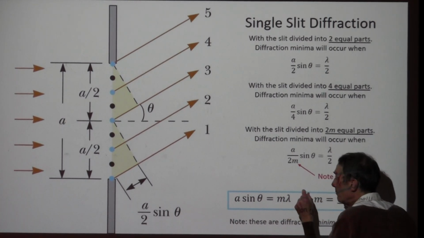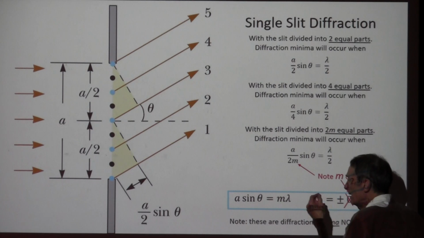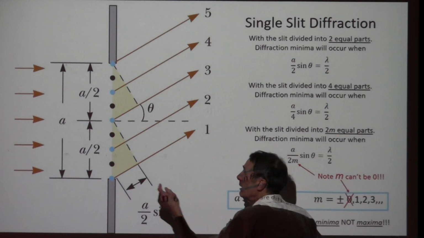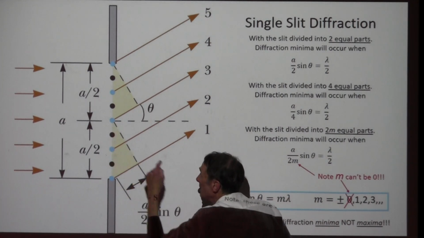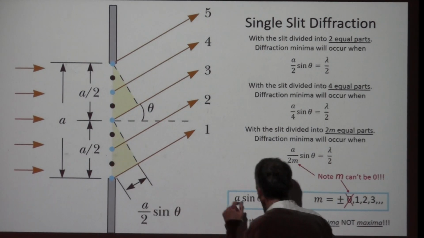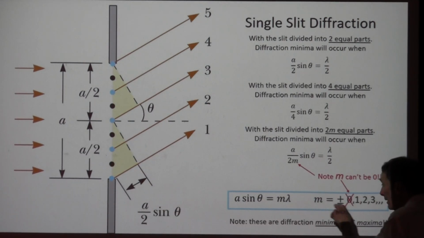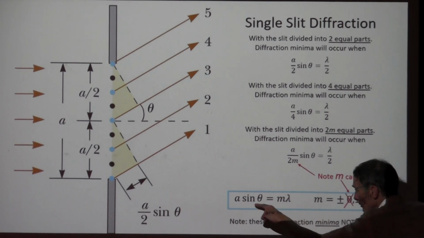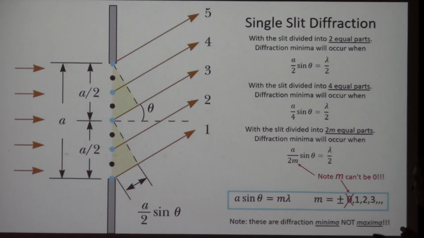That's implying merely that the maxima are halfway between the minima, and that's actually not the case. They're actually a little more into the center. But this is precise: this will tell you where the minima occur. And that's all we're going to really do with the diffraction at this point. Single slit diffraction.